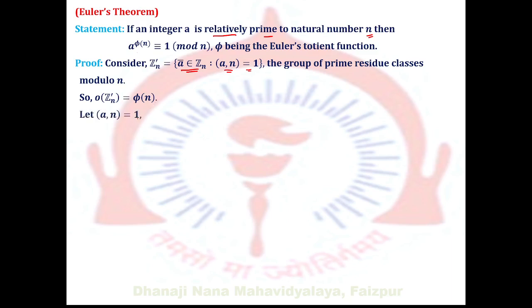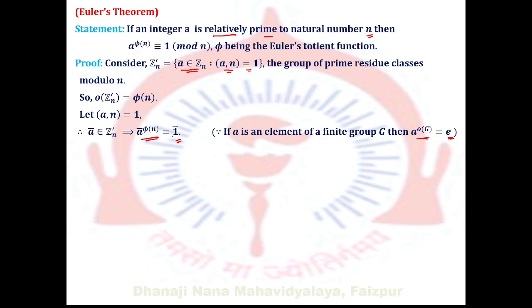So let GCD of a and n be equal to 1. Therefore a bar belongs to Zn dash. So we know one result, that is if a is an element of a finite group G, then a raised to the order of G is equal to the identity. So by using that result, the order of G is nothing but the order of Zn dash, that is equal to phi n. So here we get the result, that is a bar raised to phi n is equal to the identity element in that multiplicative group, that is 1 bar.